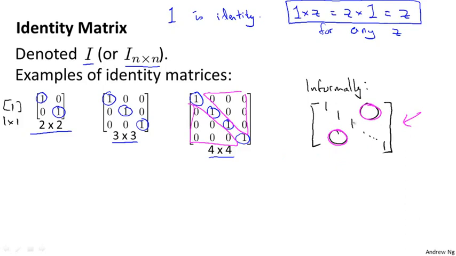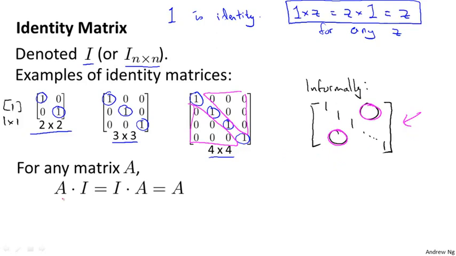It turns out that the identity matrix has this property that for any matrix A, A times I equals I times A equals A. So that's a lot like this equation that we had up here, right? 1 times z equals z times 1 equals z itself. So I times A equals A times I equals A. Just to make sure we have the dimensions right: if A is an m by n matrix, then this identity matrix here is an n by n identity matrix.